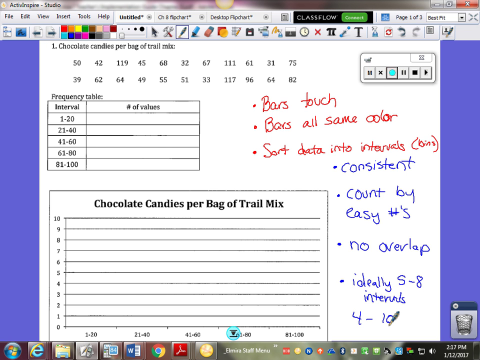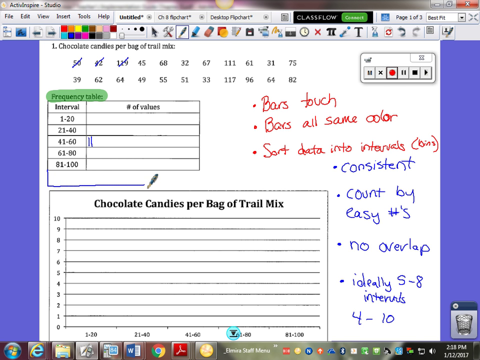All right. So the first thing you're making when you have your raw data is a frequency table. And this is really easy to do. 50 goes in this bin, 42 goes here. Now, the authors of this worksheet messed this up.